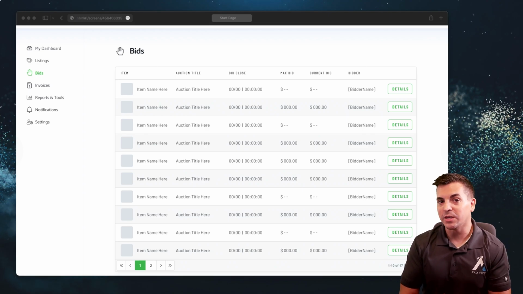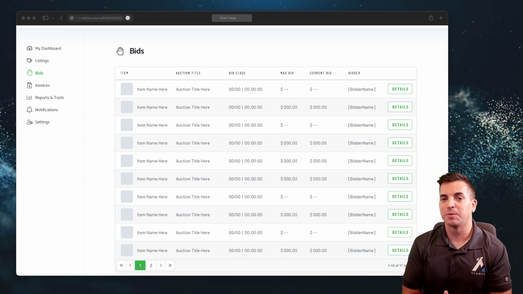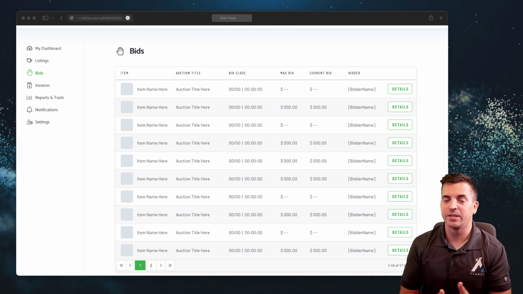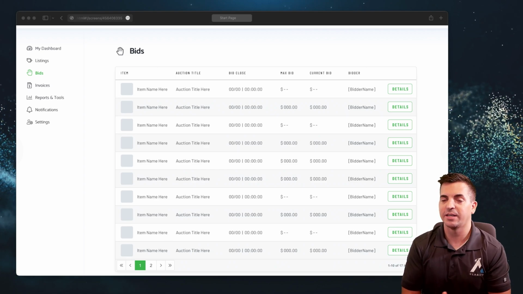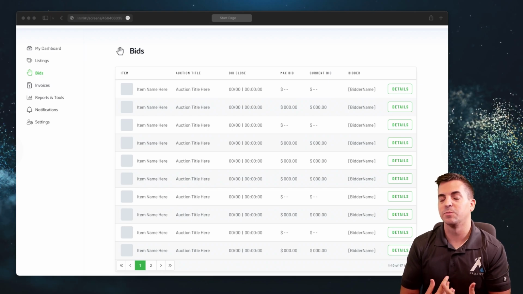Now, bids are really, really important because ultimately the winning bid has a legal obligation, and sometimes your system may be audited, or you may at least want to verify the veracity of each of the bids going through your system overall.